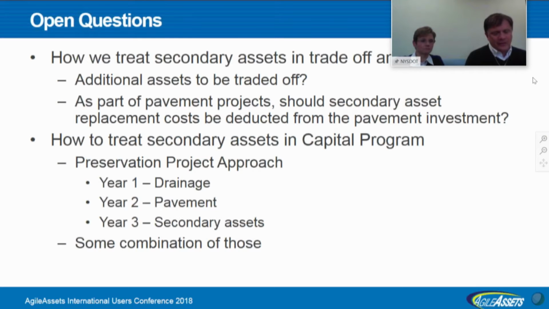We're also looking at how to do this in terms of project level trade-off, where basically you throw all your potential projects into a hopper with the utility criteria associated with them, and develop your program on a project-by-project basis. So we're still exploring how all of that's going to work. I don't have answers for you. I'm just raising these as questions.